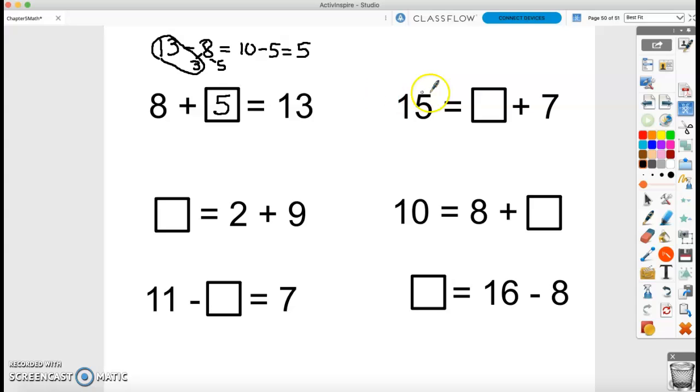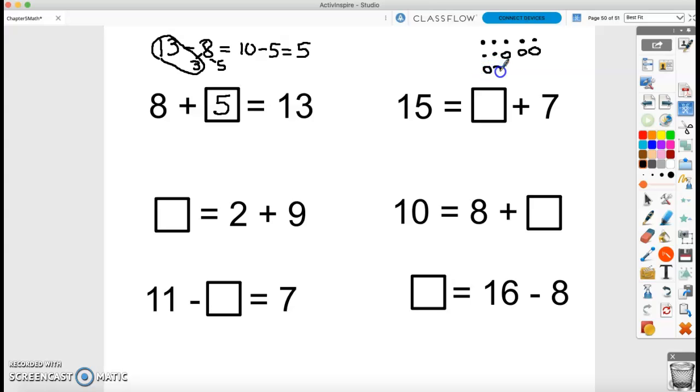So here we go. We have 15 equals something plus 7. So I'm going to make a 10. I'm going to make 7 get up to 10, and then we're going to get up to 15. So I know that if I have 7, 3, 4, 5, 6, 7, I need 1, 2, 3 more to make it to 10, but now I need 15.